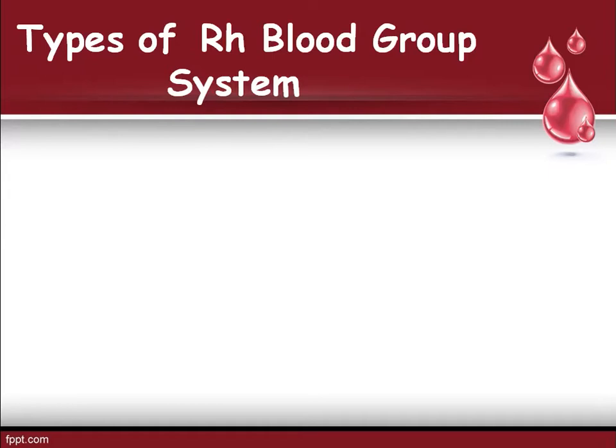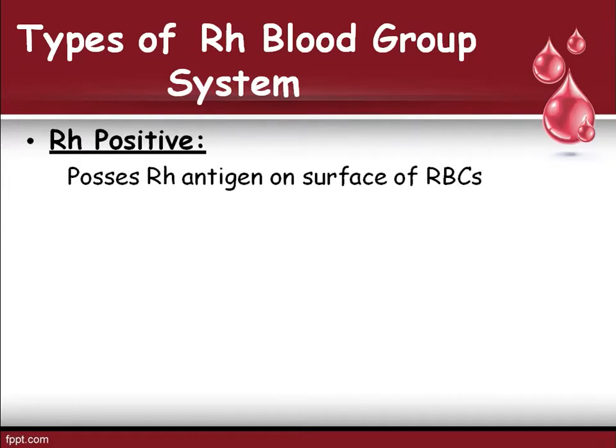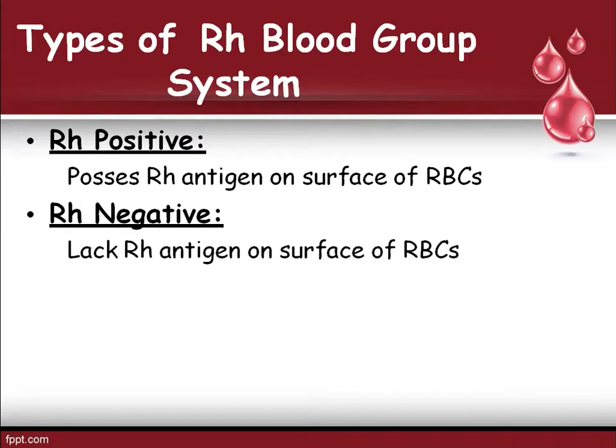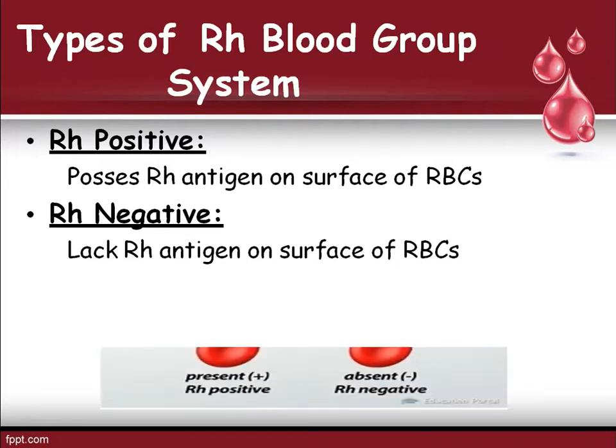Types of RH blood group system. RH positive means they possess the RH antigen on the surface of the RBCs. RH negative means the lack of the RH antigen on the surface of the RBCs.